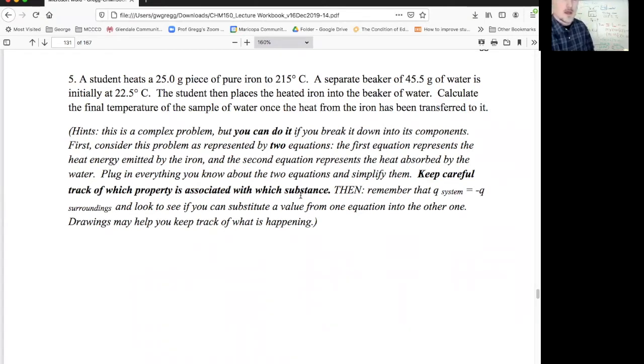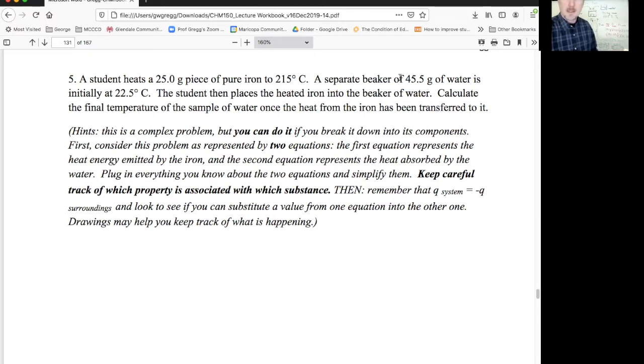As we look at the problem, it says a student heats a 25.0 gram piece of pure iron to 215 degrees Celsius. So we're going to treat that as the initial temperature of the iron. Assuming the student has heated it to that temperature, it starts out at 215 degrees Celsius.